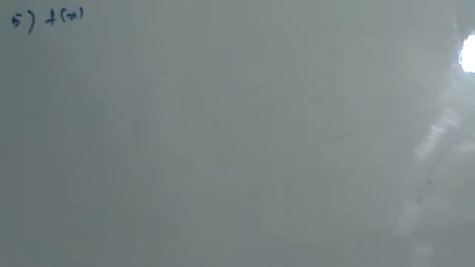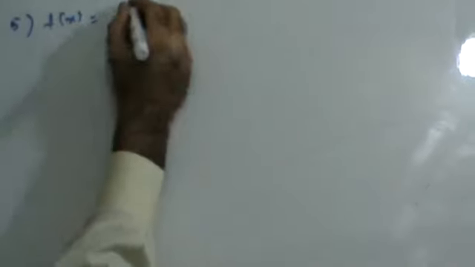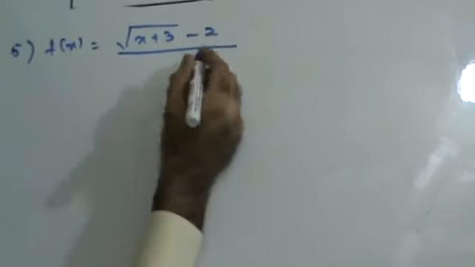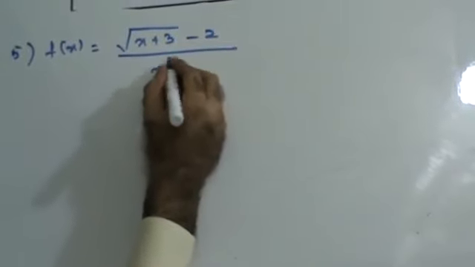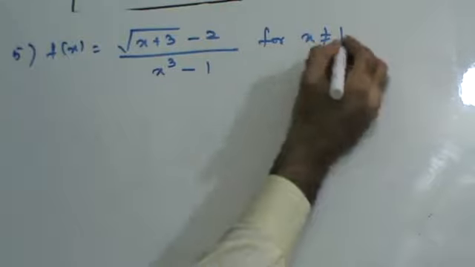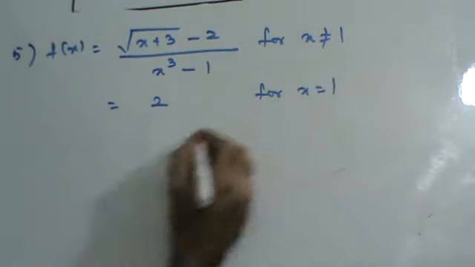f of x is equal to root of x plus 3 minus 2 upon x cube minus 1 for x is not equal to 1, is equal to 2 for x is equal to 1.